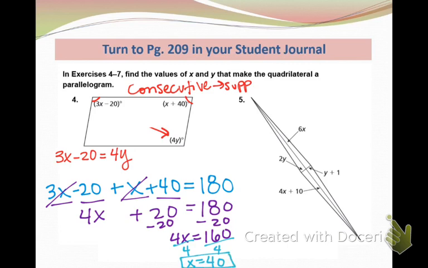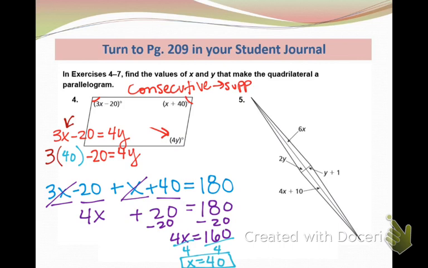So I found x. I need to find y. The way to find y is to plug x back in. So I'm going to plug it in here: 3 times my x, which was 40, and everything else will stay the same. Minus 20 equals 4y.